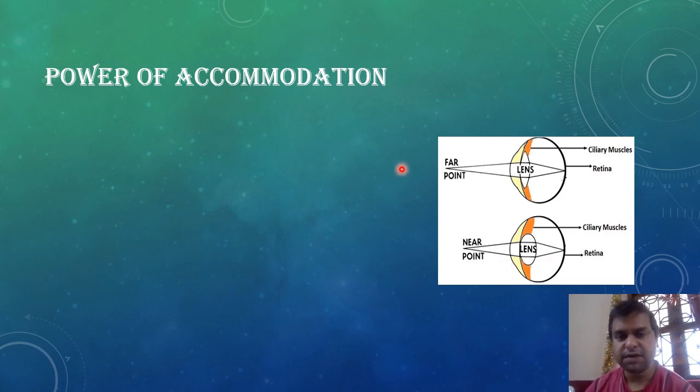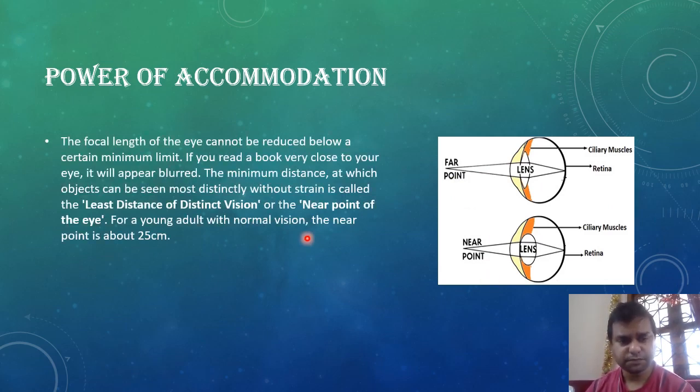With this we come to two more terms, the far point and the near point. Let's see what they are. Now, the focal length of the eye cannot be reduced below a certain limit. There's a limit to everything, and beyond that limit, we can't reduce the focal length of the eye. So if you read a book very close to your eye, it will appear blurred, hazy.